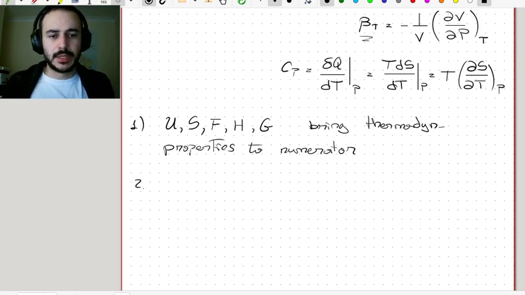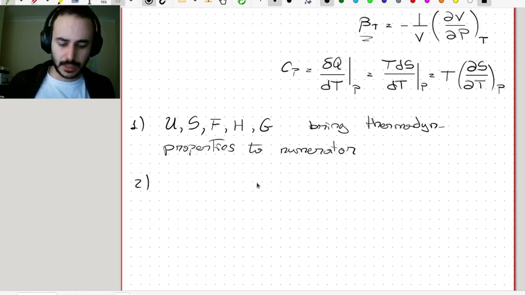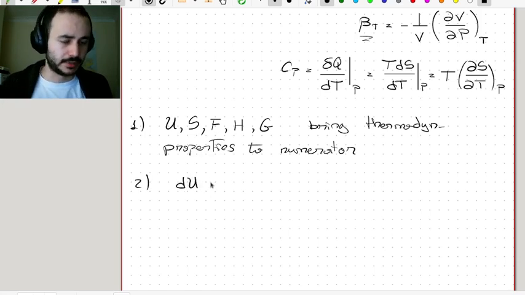Then the second step: because we have things like this in the numerator of some partial derivative, since we just flipped all the partial derivatives that involve u, s, f, h, and g, we have to replace this differential by the corresponding fundamental thermodynamic relationship.